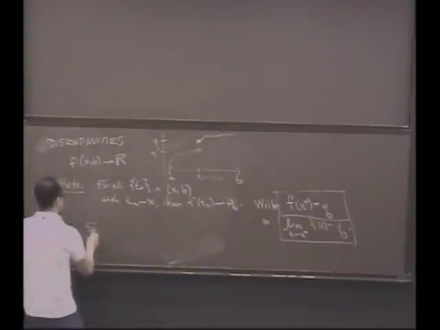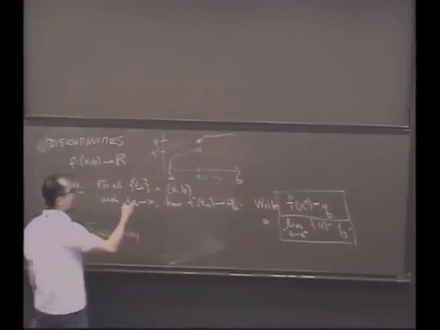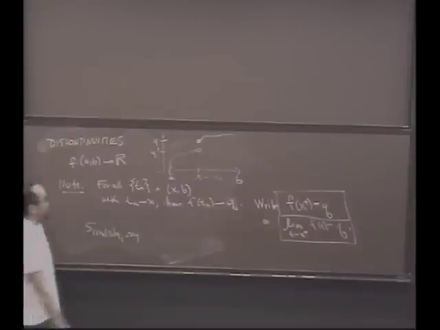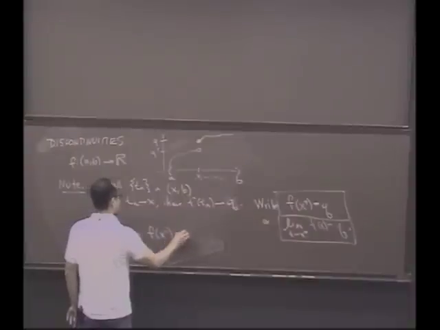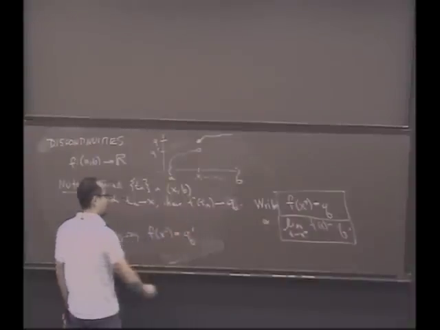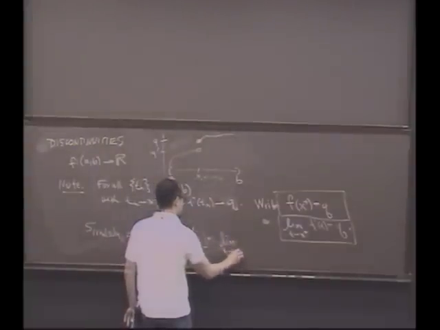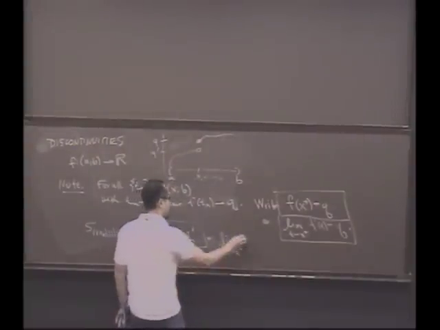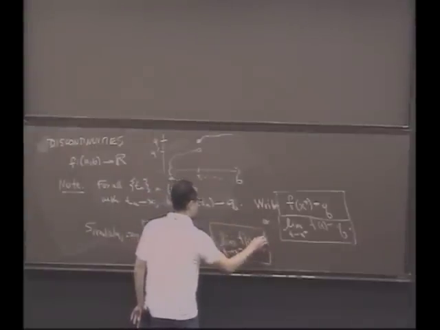And similarly, we can say from the left-hand side, I won't rewrite everything, that f of x minus, I'll say is maybe q prime, which is basically what I mean to say here is as t approaches x from the left, f of t is also q prime.